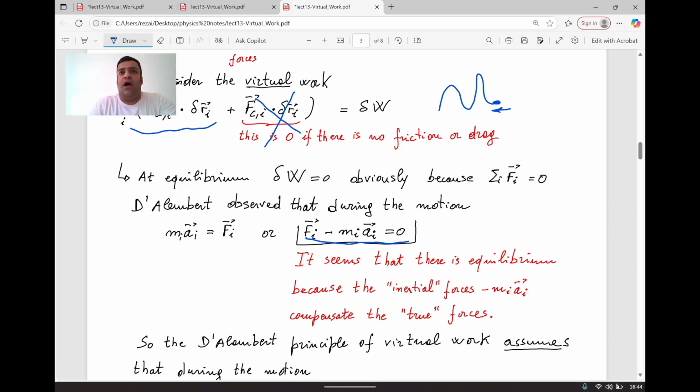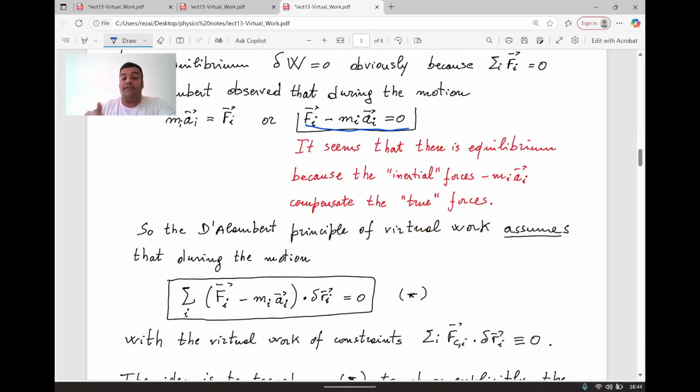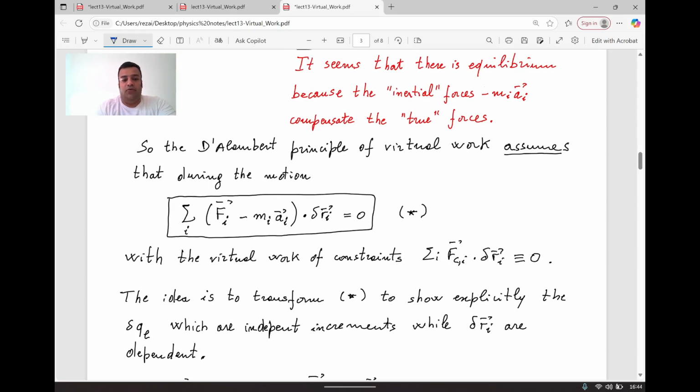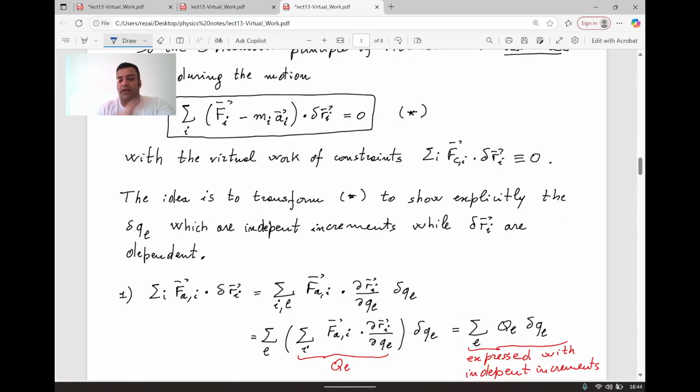It is also a hypothesis that is imaginary. This is so important in this calculation, guys. We know this is 0 because we are in the equilibrium point, but we separate F times delta r_i into one part, and m_i a_i times delta r_i into another part, and we call this exactly Q_l.